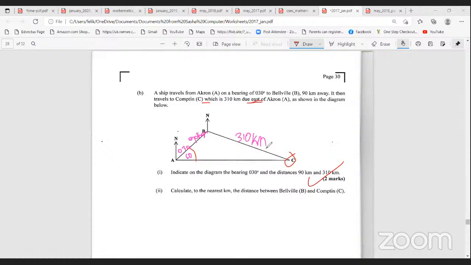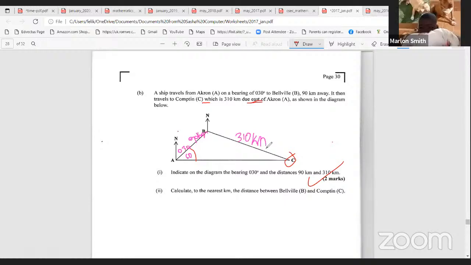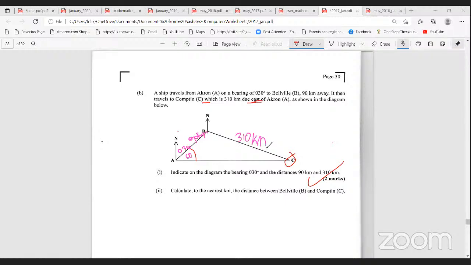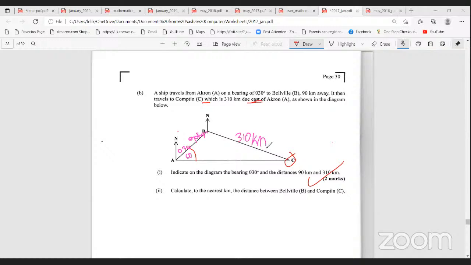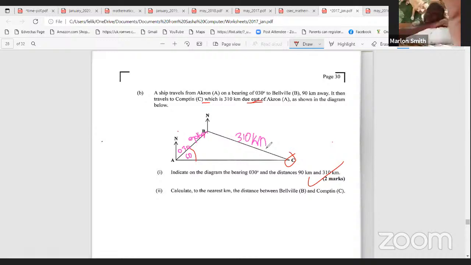Why do you say cosine, honey? Because we have two sides and an angle. Is the angle included or excluded? Does it fall in between the two sides? No, it's excluded, miss.